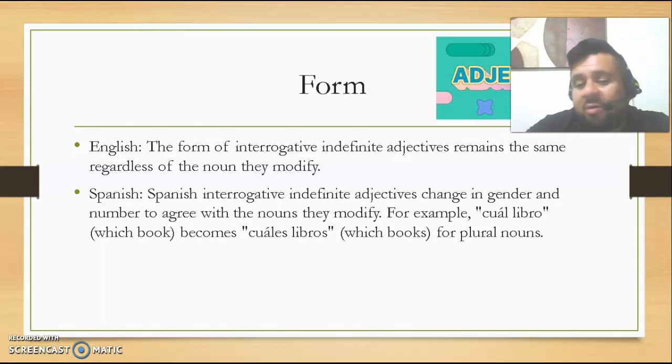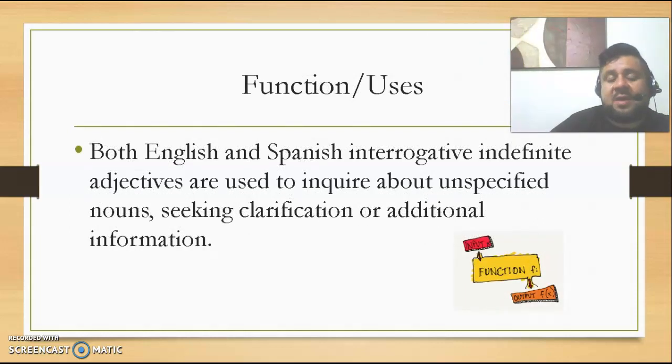For example, cuál libro, which book, becomes cuáles libros, which books, for plural nouns. The function and the uses. In English and Spanish, interrogative indefinite adjectives are used to inquire about unspecified nouns, seeking clarification or additional information.